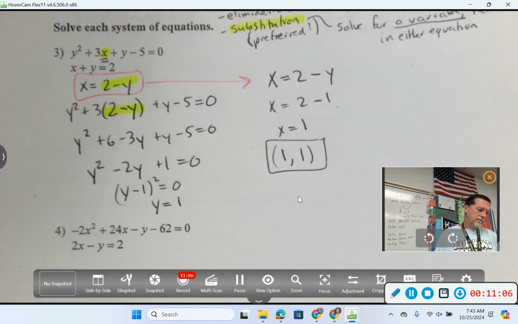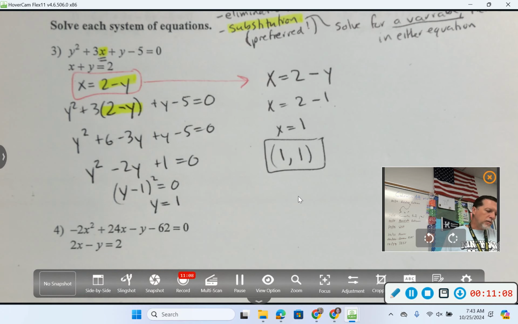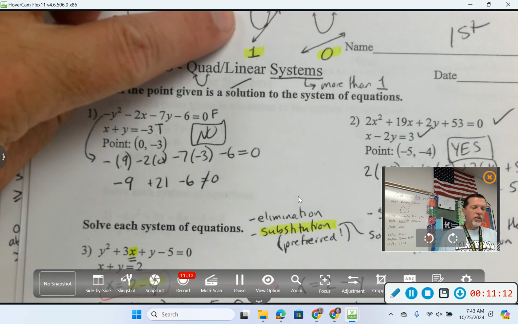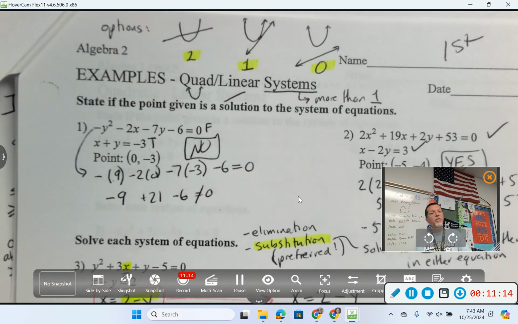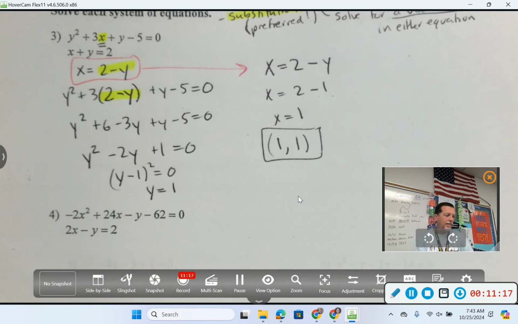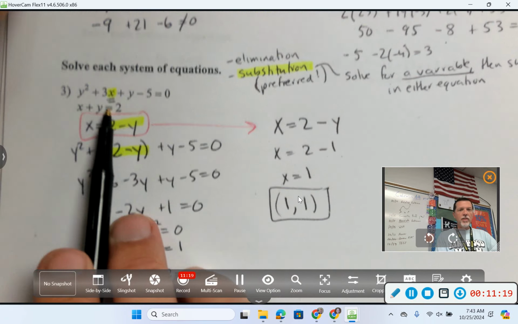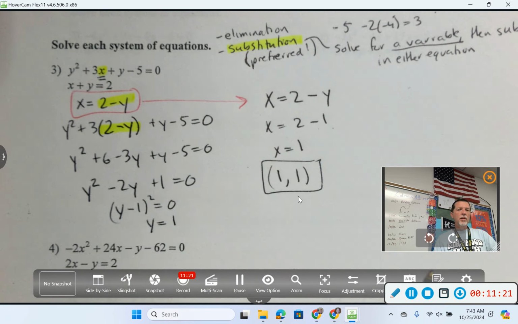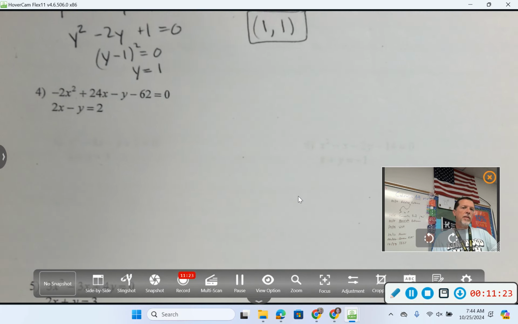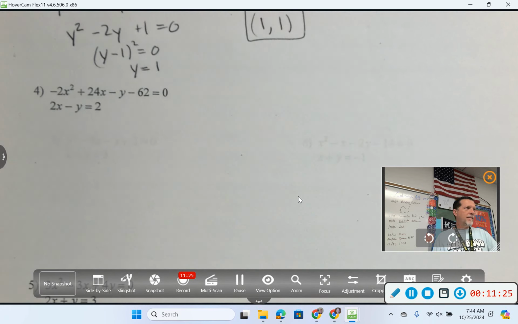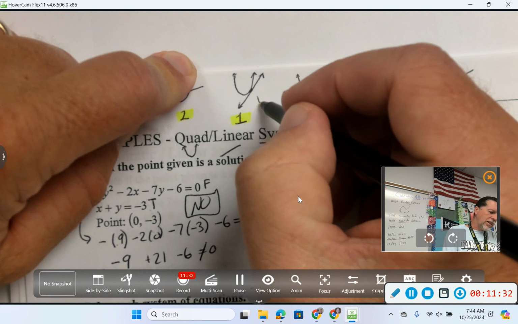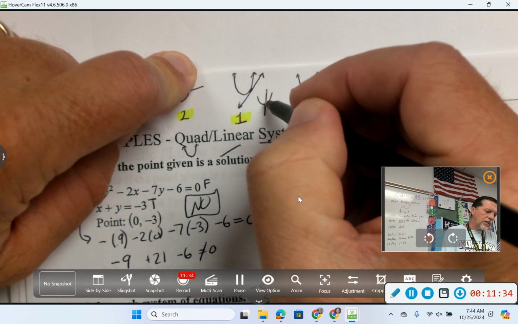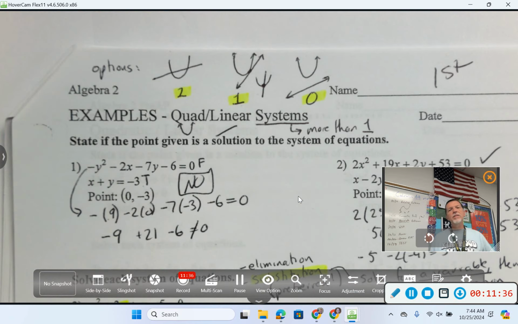So that would be like a tangent one. Back to our picture, the only way it can intersect just once is if it's a tangent line. So this line is tangent to that parabola. Oh, you're right, it doesn't have to be a tangent line. It could intersect like that. Good call.